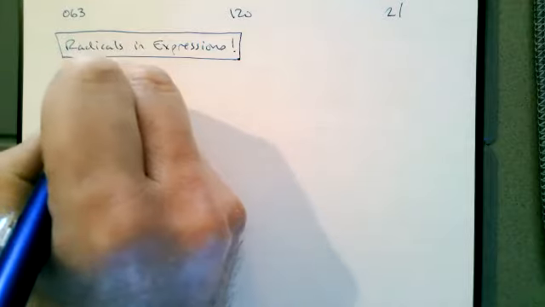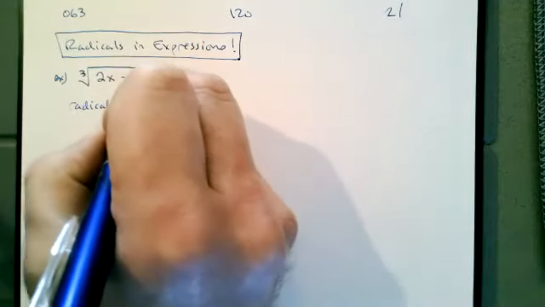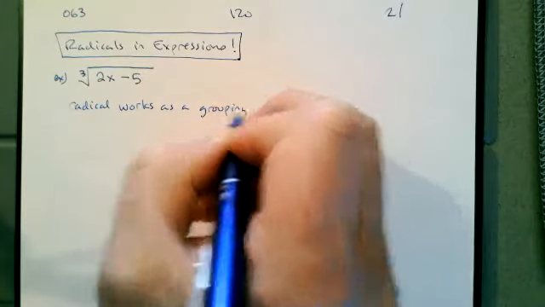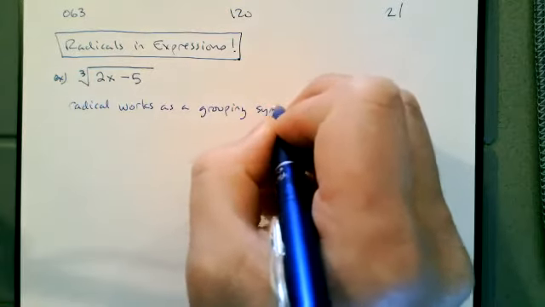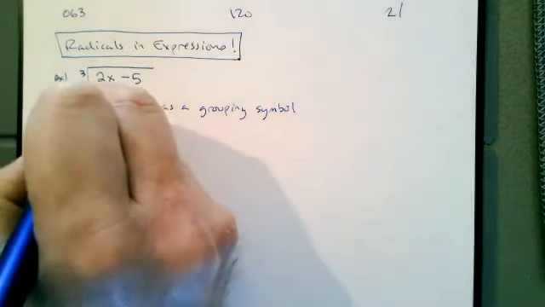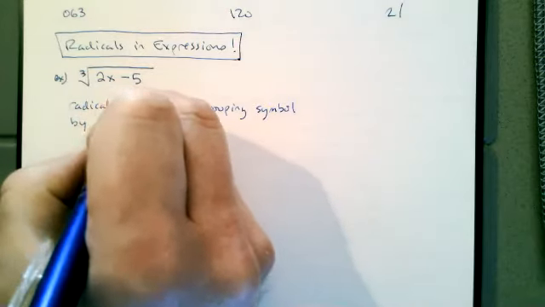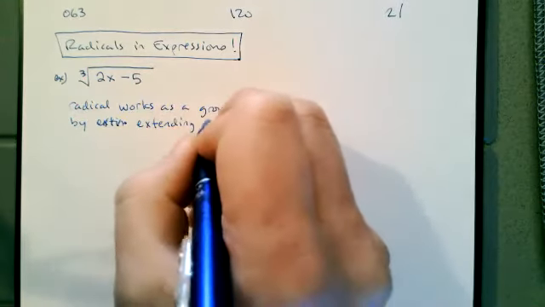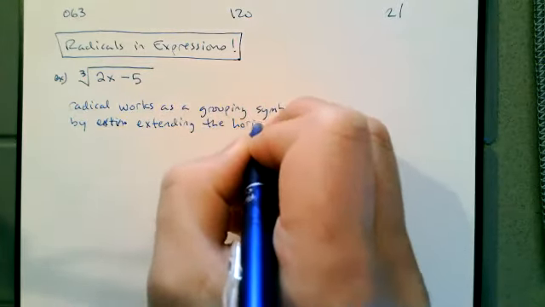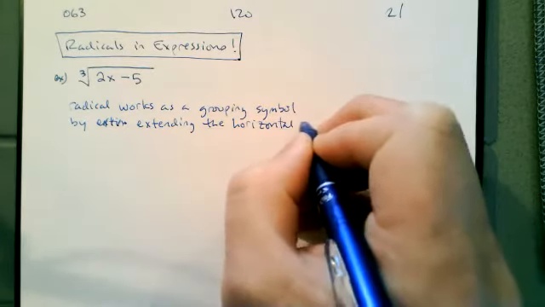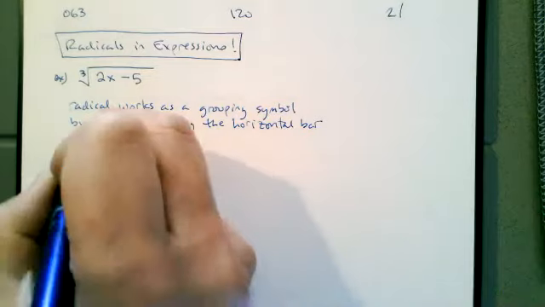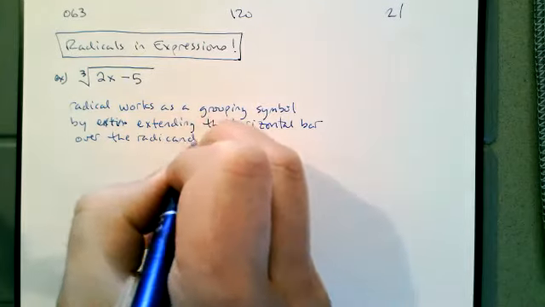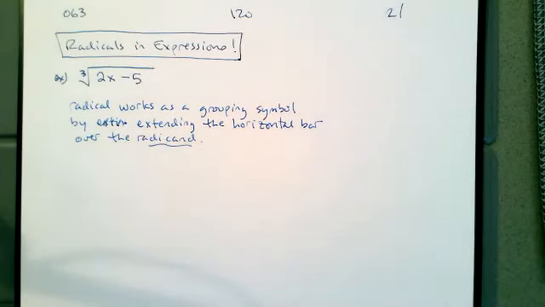The radical works as a grouping symbol by extending the horizontal bar over the radicand, the stuff that's supposed to be inside it.